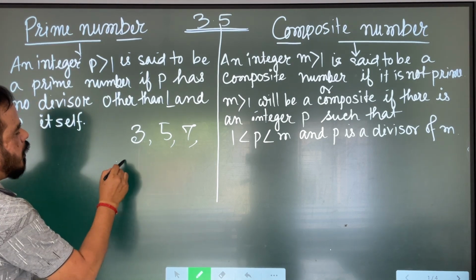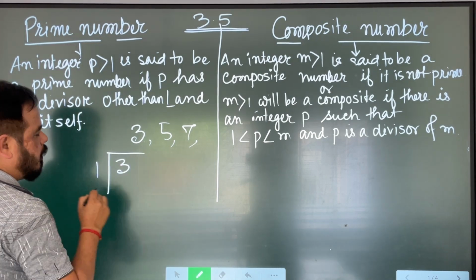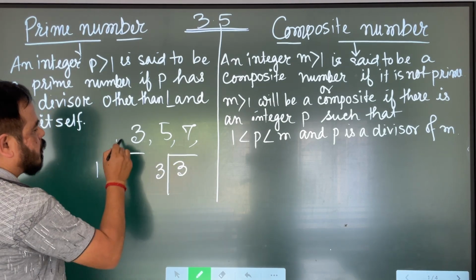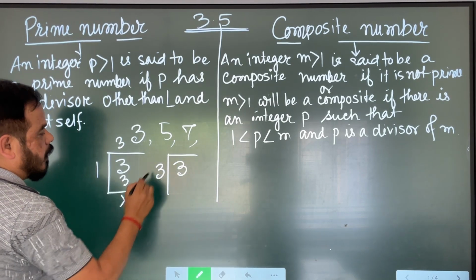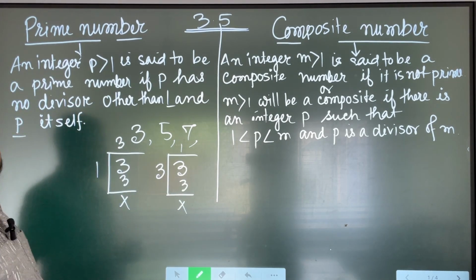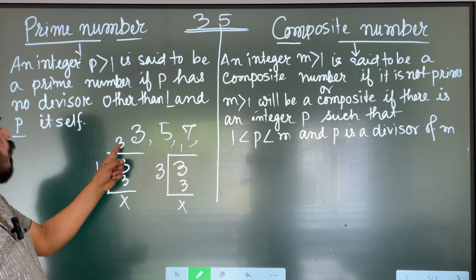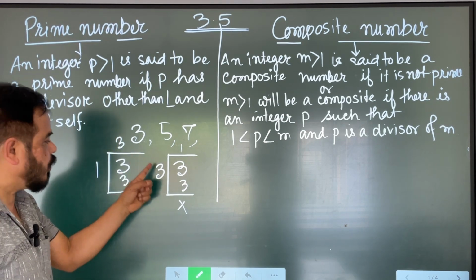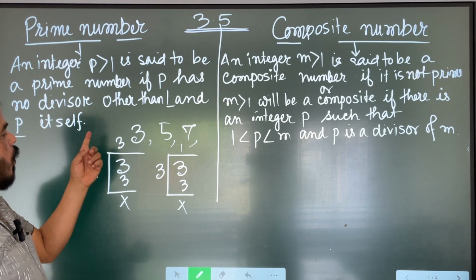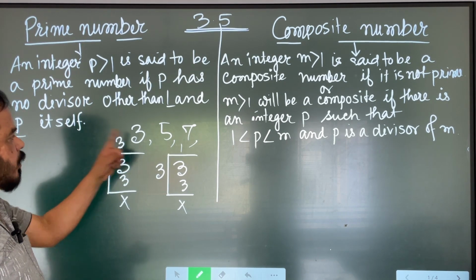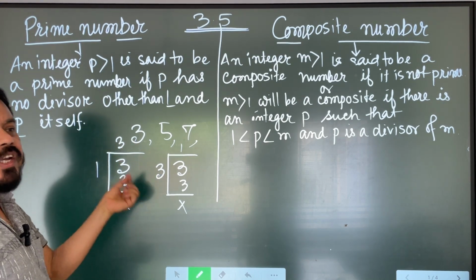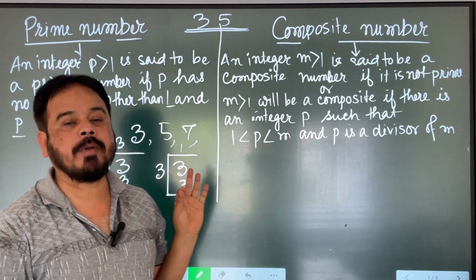Because 3 can be divided by 1 and by 3 itself, not by any other number. 1 times 3 is 3, 3 times 1 is 3. Only 3 itself and 1, so 3 is a prime number. If 3 could be divided by any other number, then we could not say 3 is a prime number.